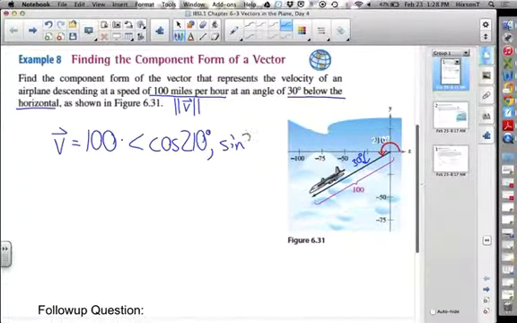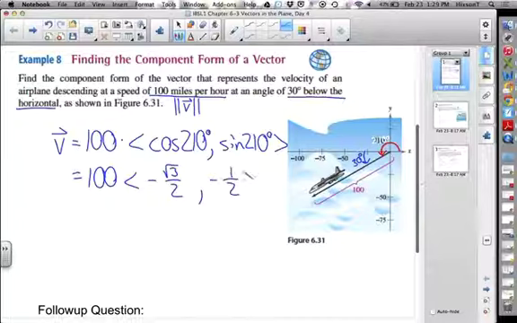We know these from the unit circle. Cosine of 210 is negative root 3 over 2, because that's a 30 degree reference angle. And sine of 210 is going to be negative 1/2. Notice we're in the third quadrant, so it makes sense that they're both negative.